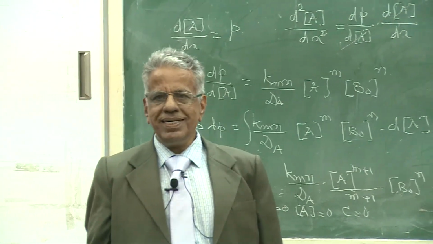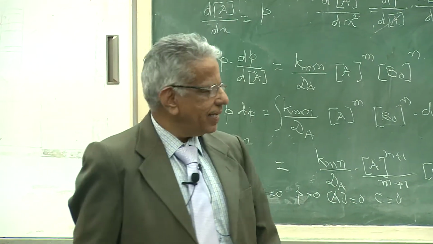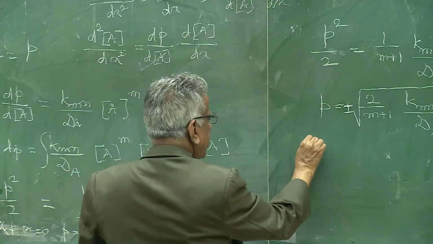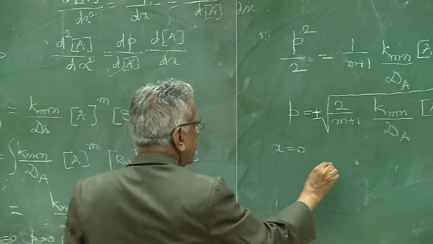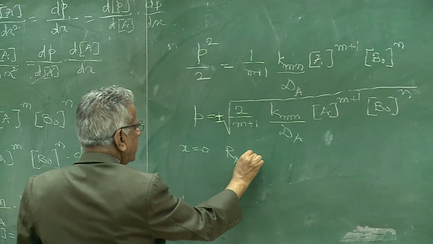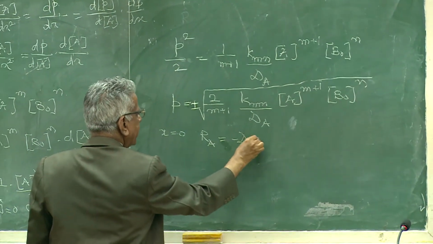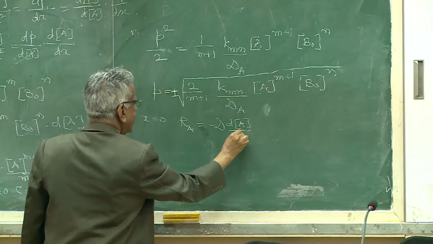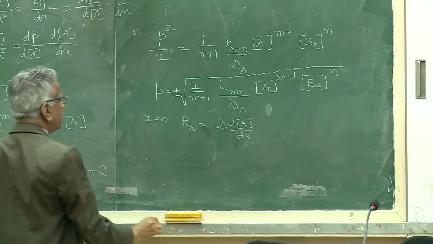Are you with me? Right. So, at x is equal to 0, R A is equal to minus diffusivity times dA by dx, obviously at x is equal to 0.